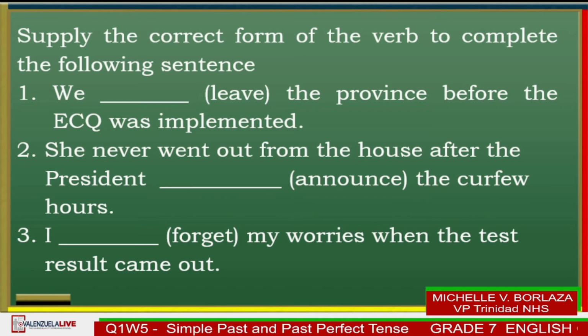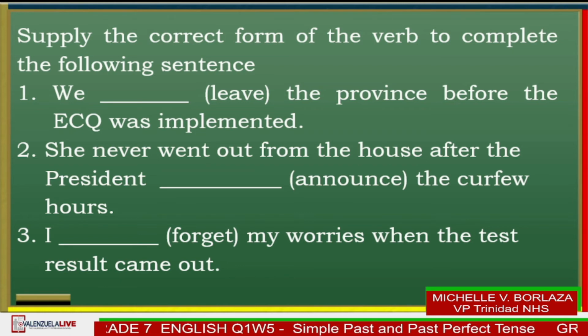Now, supply the correct form of the verb to complete the following sentences and type your answer in the chat box. Sentence number 1: We blank, live is the given verb, in the province before the ECQ was implemented.